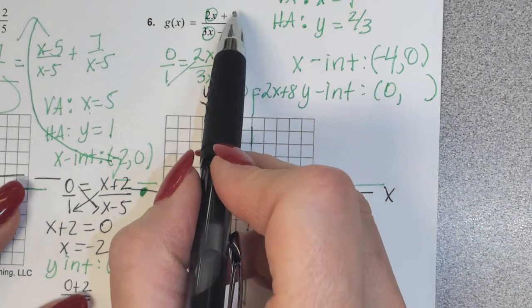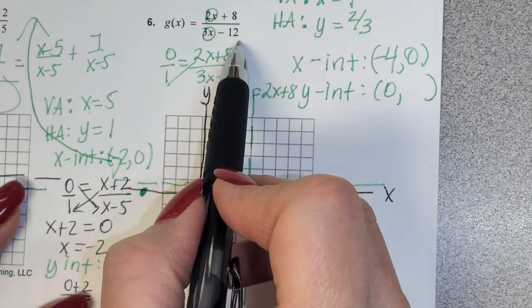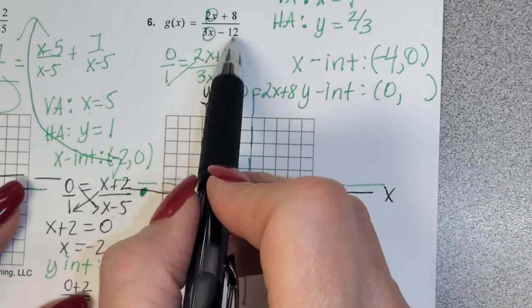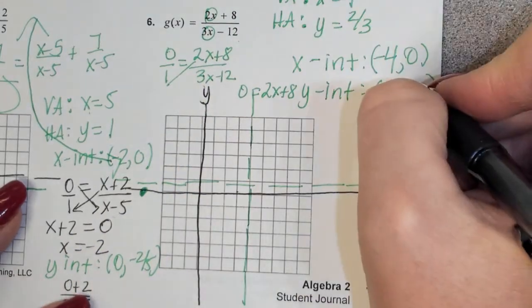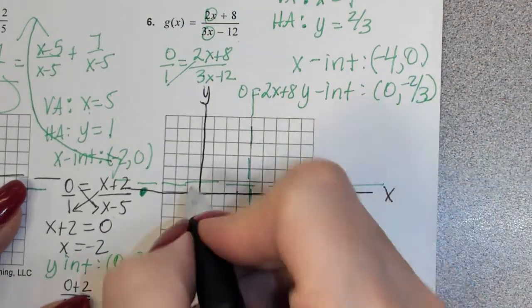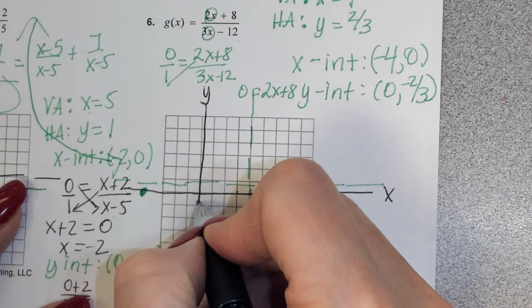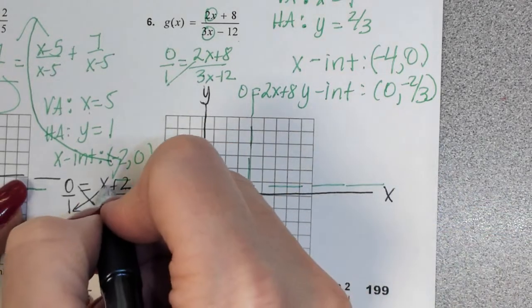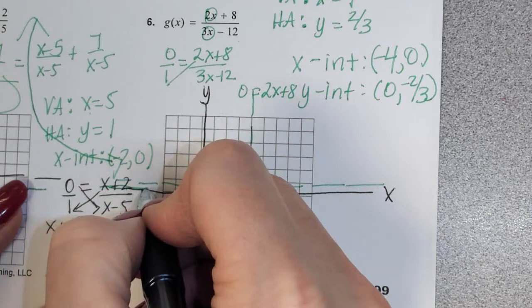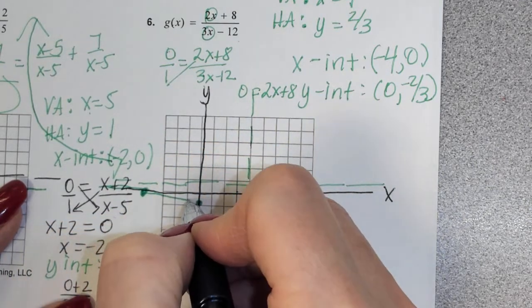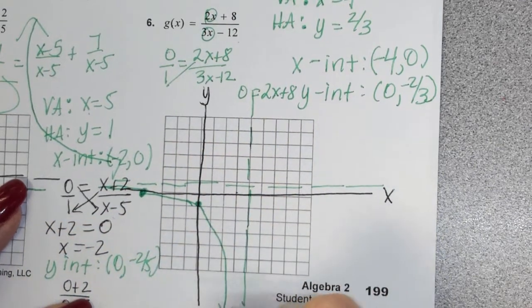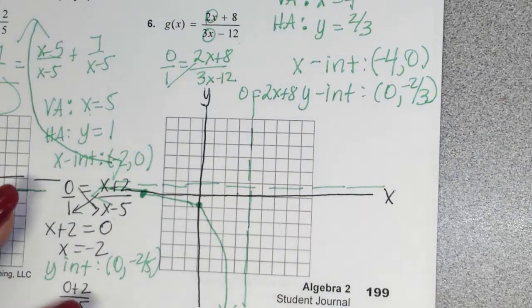Then we're just left with 8 over -12. I can divide those by 4 and get -2/3 for my y-intercept. So I go over 0, down 2/3. So it's going to look like that.